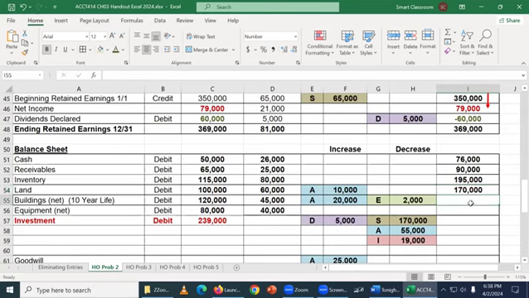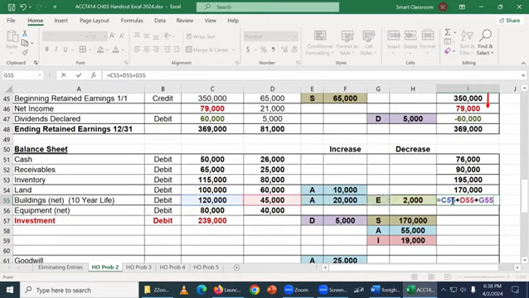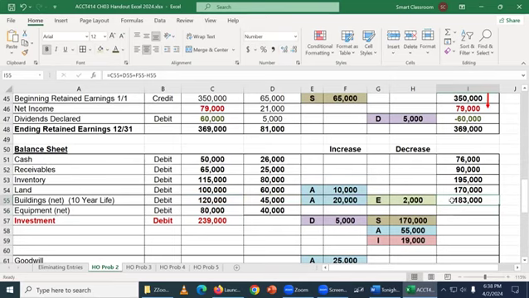Building and equipment: 120 plus 45 plus the 20, but then we depreciated 2,000 of it, so that will be taken off. Doesn't look right. 120 plus 45, 65, 85. Yeah, that's right. 85 minus 2 is 183.